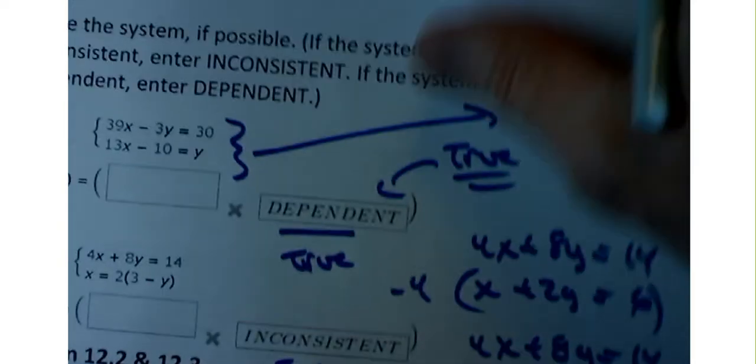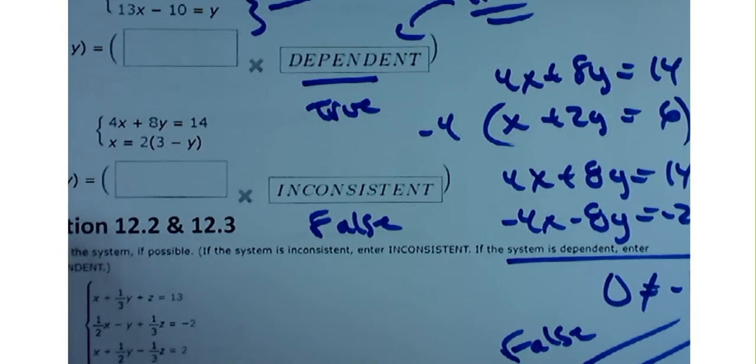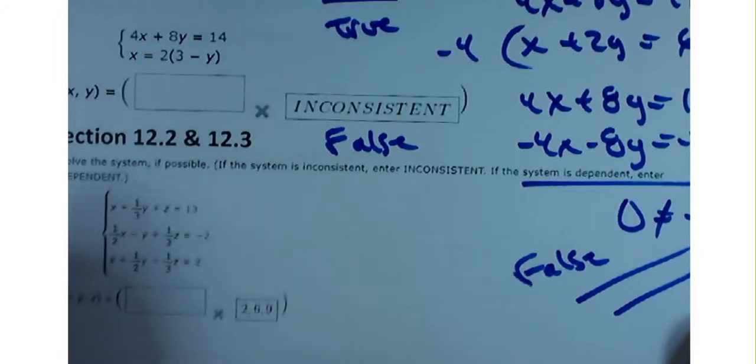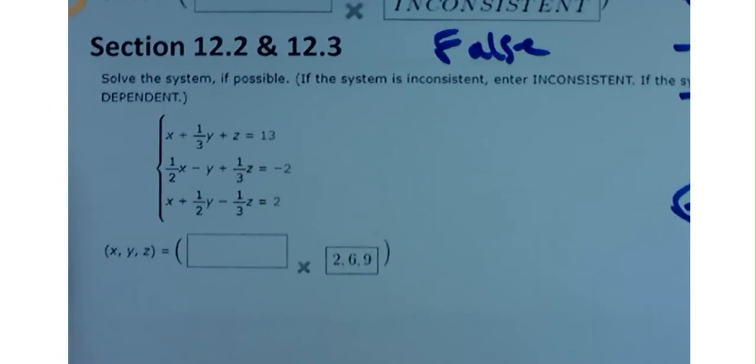All right. You should expect to solve a 3x3 system of equations on the exam. So let's take a look at this one. Now I included this one because it has fractions, and I wanted to remind you that if you've got something that looks messy and has fractions, you don't have to work with them.